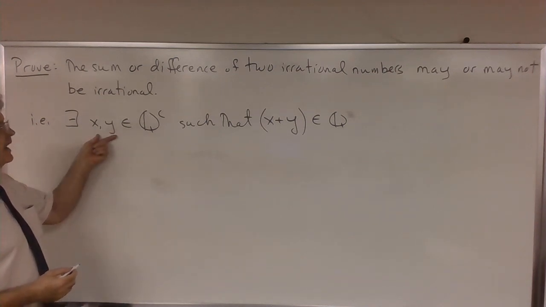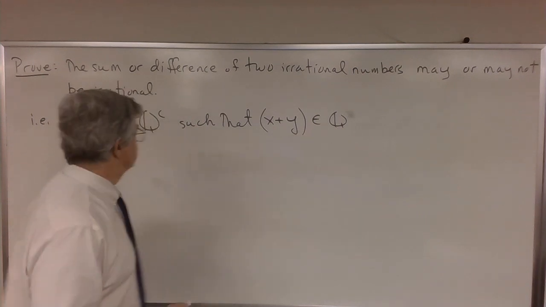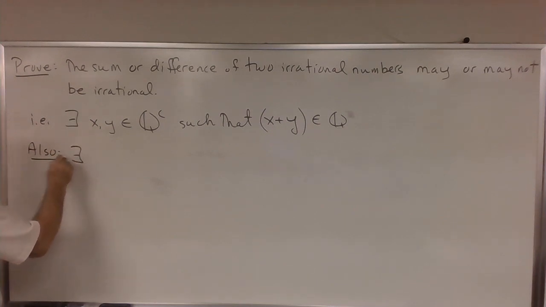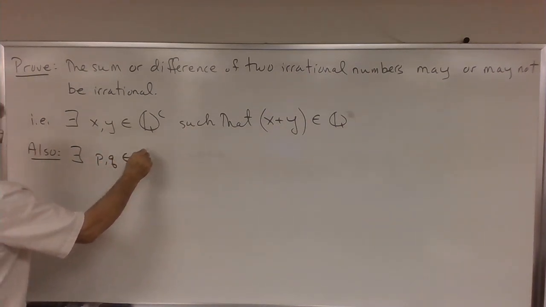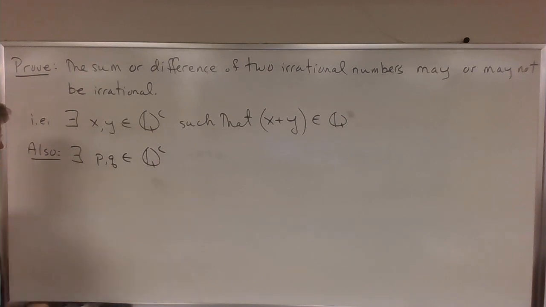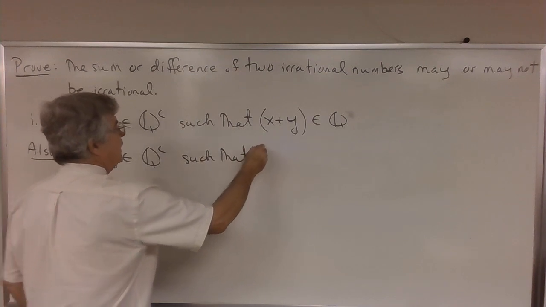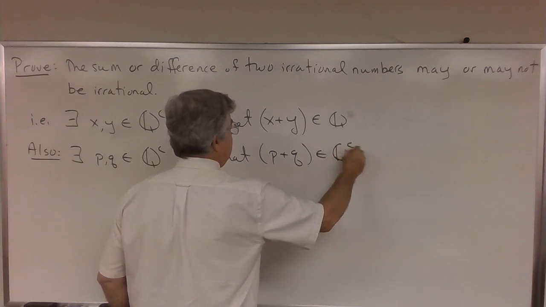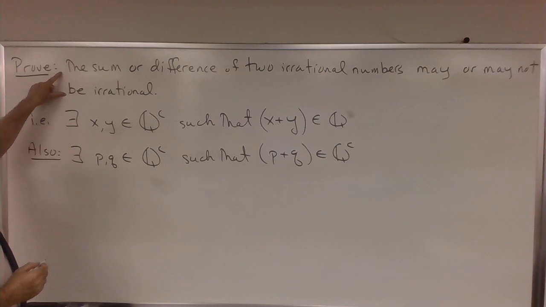There exist two irrational numbers, x and y, such that their sum is rational. Also, there exist, and we'll call them p and q, two irrational numbers such that p plus q is irrational. So that's really what this is about.